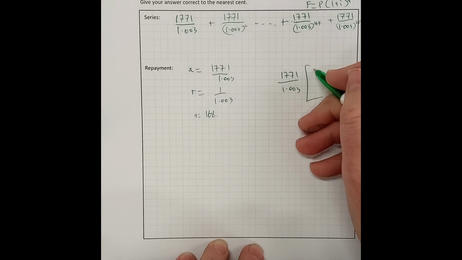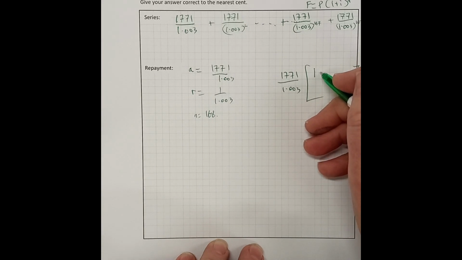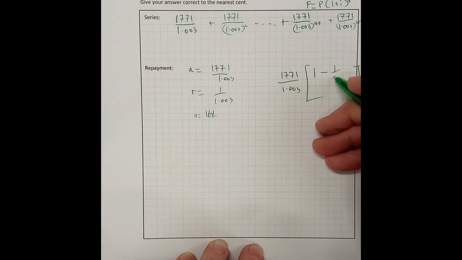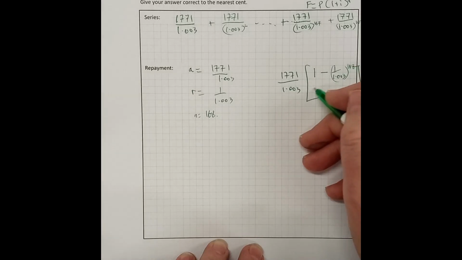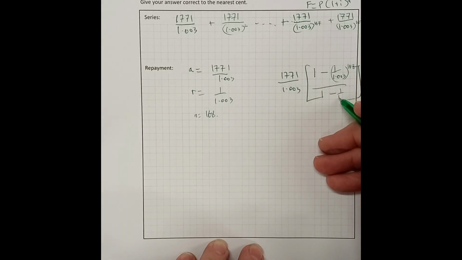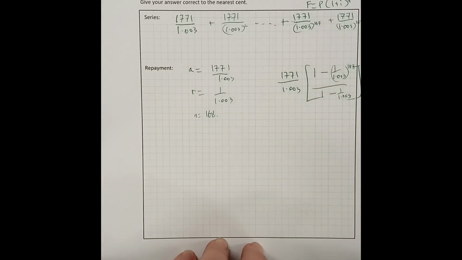Okay, 1 minus R, 1 minus 1 over 1.003 to the power of, what is it, 168, over 1 minus 1 over 1.003.